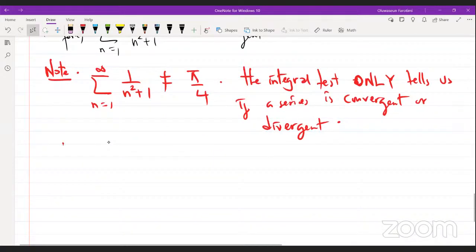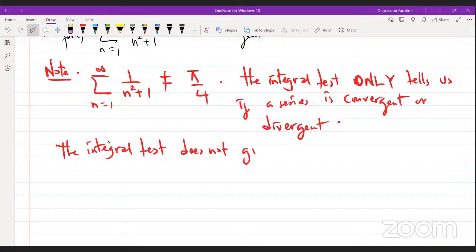The integral test does not give us the value of the sum. It doesn't.